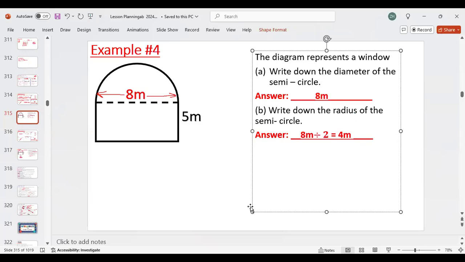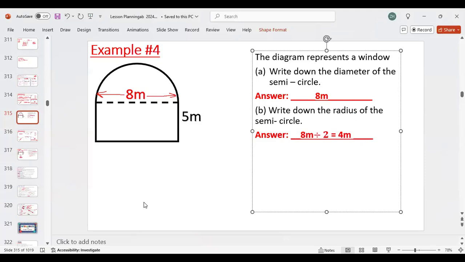Okay, now let's move on to the next part of this question. They said write down the length of the curved portion.